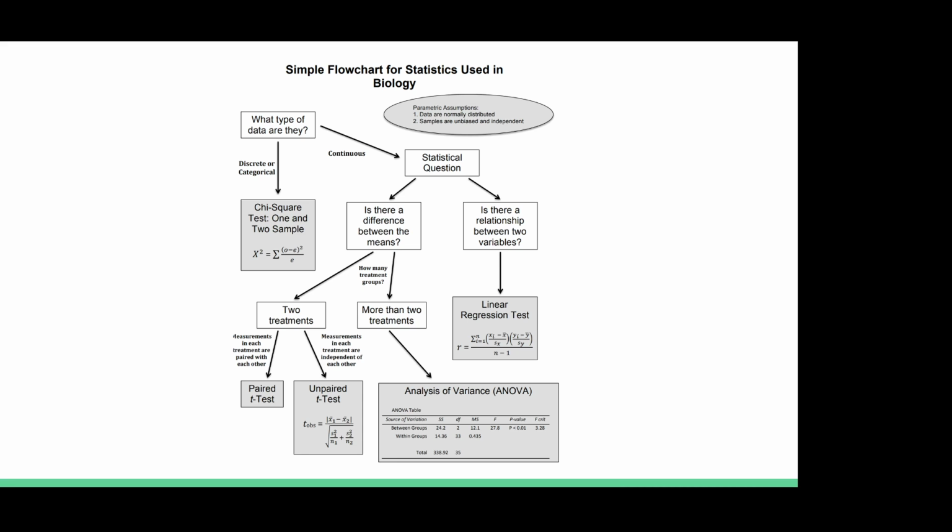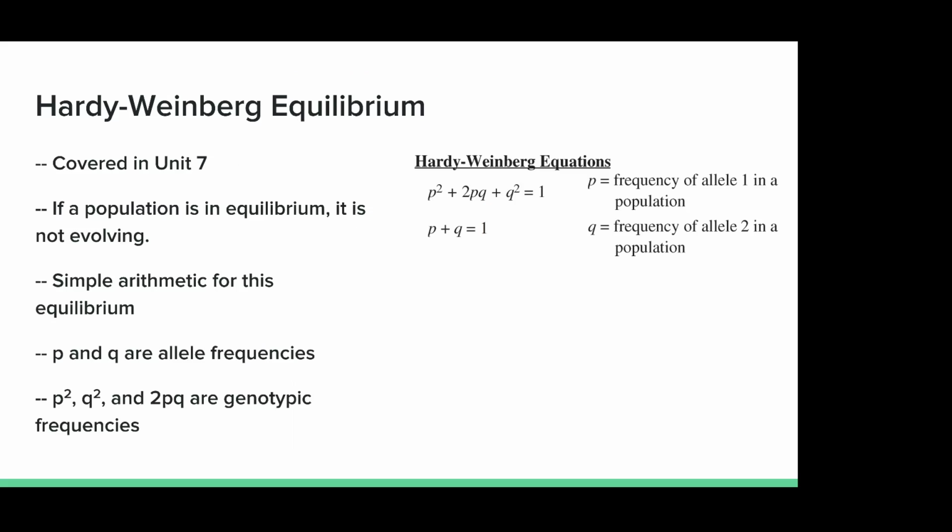But fundamentally, this is a pretty solid way for most things in biology. There definitely are things that I would add to it, but this is a pretty good workflow or flow chart for determining which statistical test you want to use. So that's why I wanted to present it just as a beyond the AP exam topic.